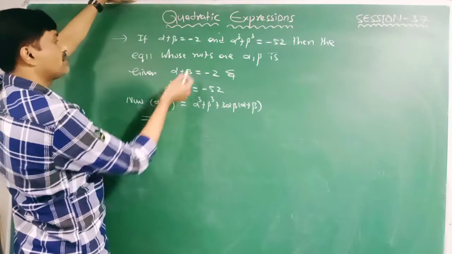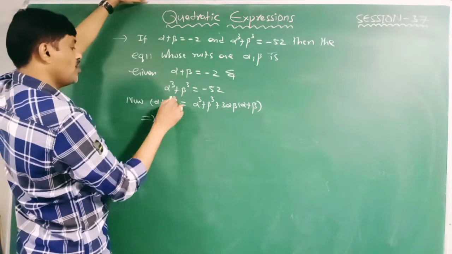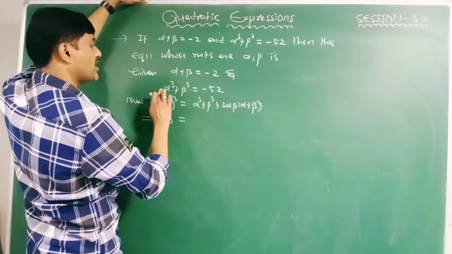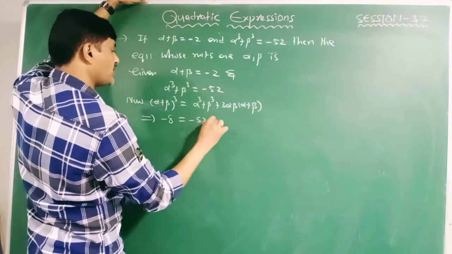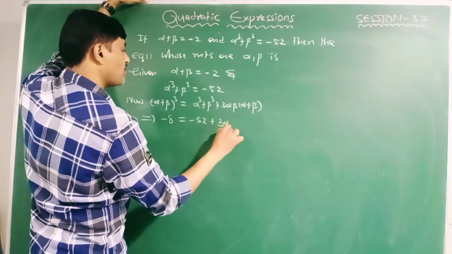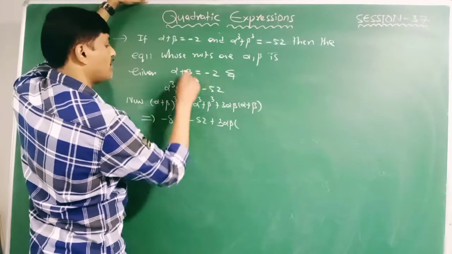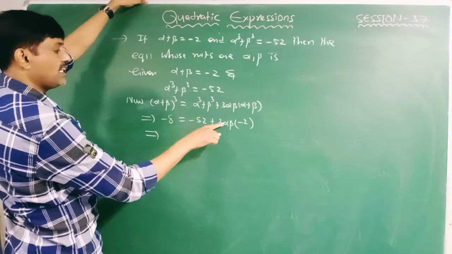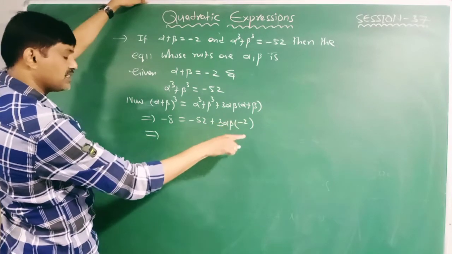Yes, alpha plus beta is already given as minus 2, whole cube means minus 8. This is alpha cube plus beta cube, he gave minus 52, plus 3 times alpha beta of alpha plus beta, which is minus 2. This implies minus 6 alpha beta.